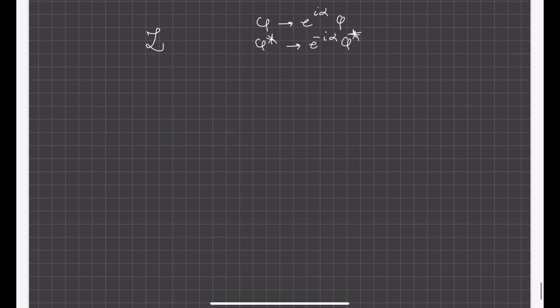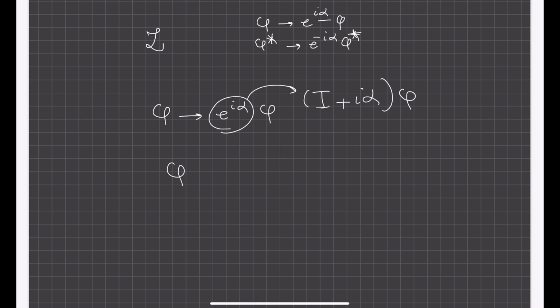So now I assume that there is some infinitesimal alpha, right? Because I can expand it. So phi goes to e to the i alpha times phi, and then I expand this exponential as identity plus i alpha, right? Times phi. So phi goes to phi plus i alpha phi.